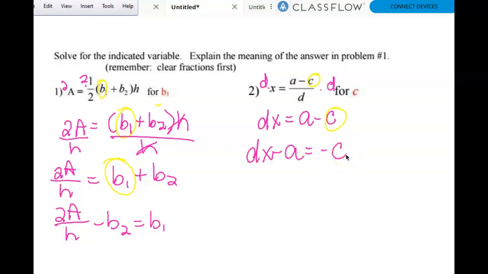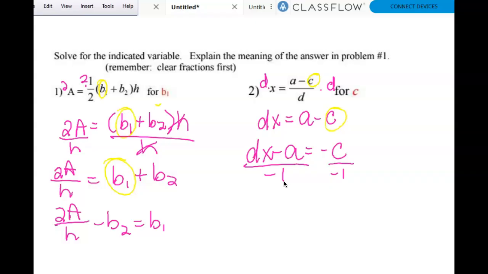Now, am I done? Why? There's a negative. So how do I get rid of the negative? It's negative 1 times c. Divide by negative 1, multiply will do the same thing. But if I divide by negative 1, I have to do it on both sides, right?